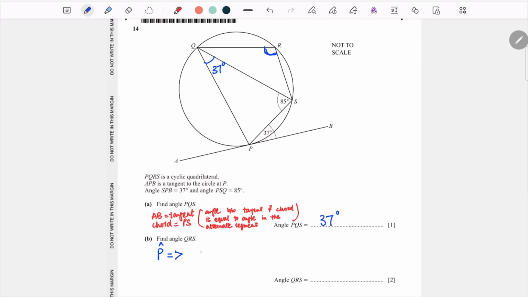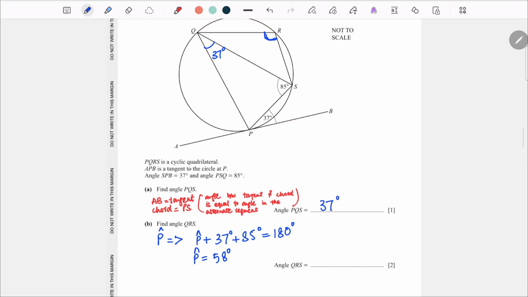So angle P plus 37 degrees plus 85 degrees should be equal to 180. So angle P will be 58 degrees.